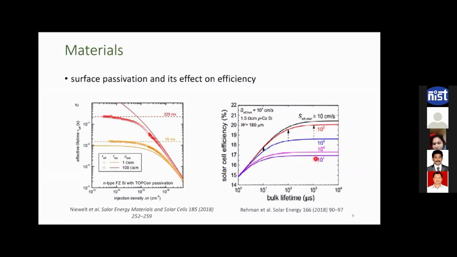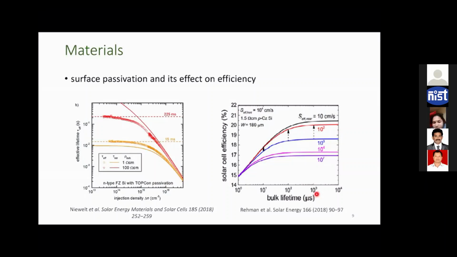So it jumps from around 16% to 21%. So it is a huge jump. So if you are going for a high lifetime wafer, it is imperative that your passivation quality is also good. Otherwise, there is no benefit.